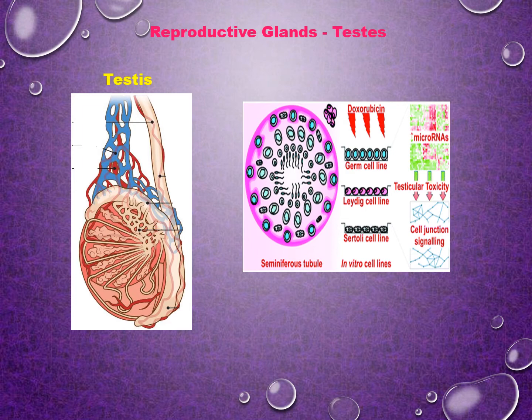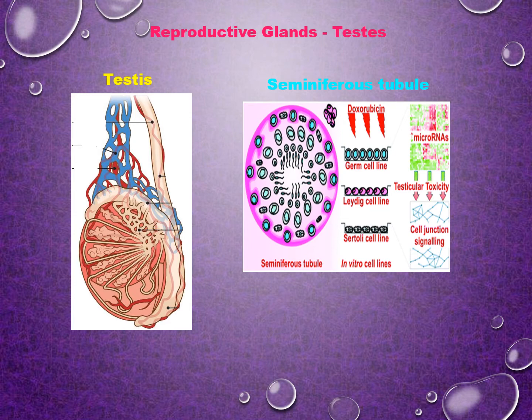Inside the seminiferous tubules, Leydig cells and Sertoli cells are there. Leydig cells and Sertoli cells together form the male endocrine part, that is testes.